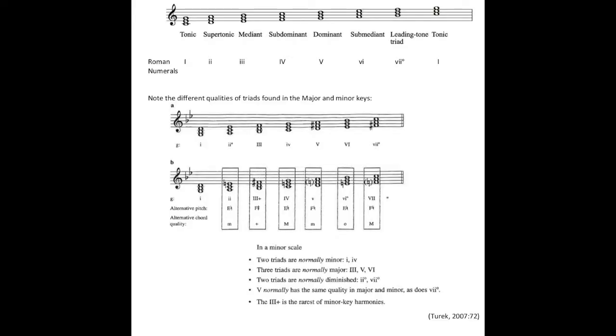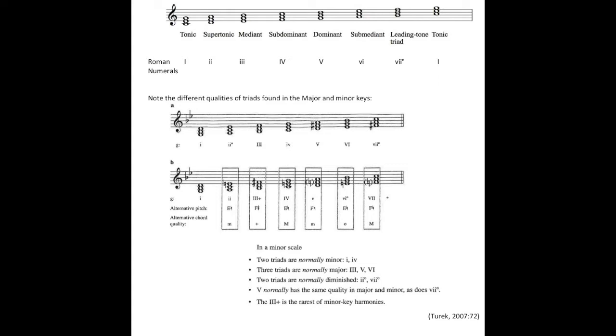Let's compare the qualities of the triads within major keys to those in minor keys. If we look here at the example of chords in G minor, we see that chord 1 is a minor triad. Chord 2, because of the E flat there, is a diminished chord.